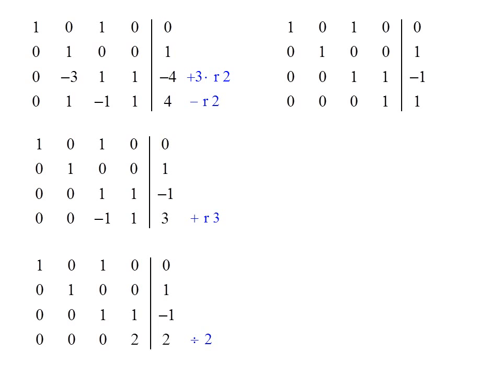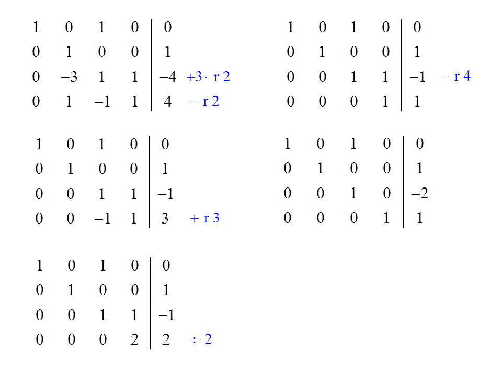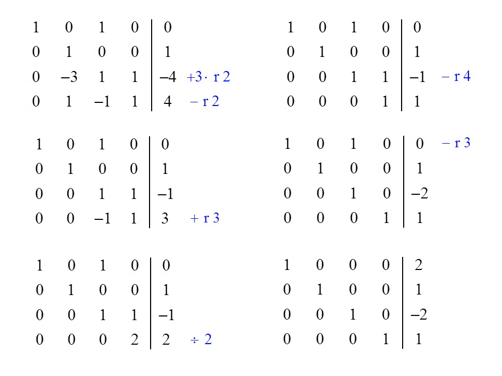So we're partway there because we have our diagonal row of 1s. Now we want to clean it up a little more. We can subtract row 4 there. And subtract row 3 from the top row. And we have our diagonal row of 1s and everything else is 0.